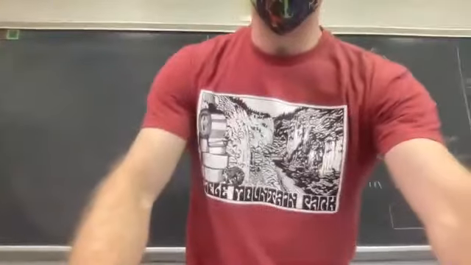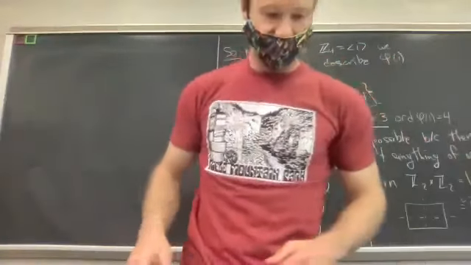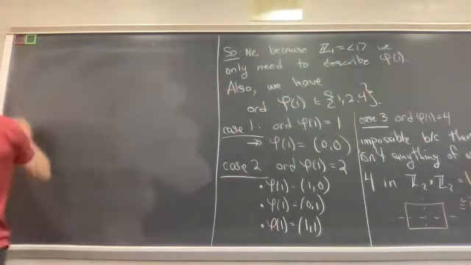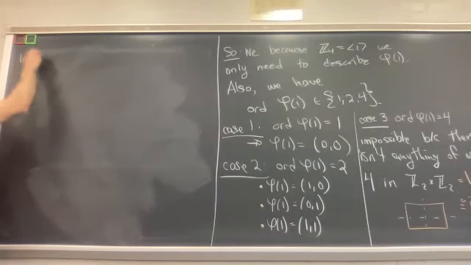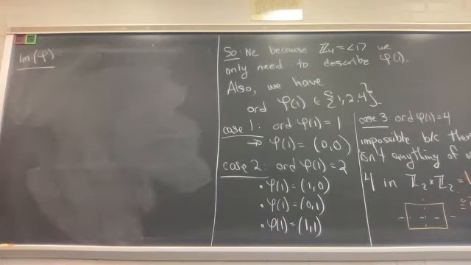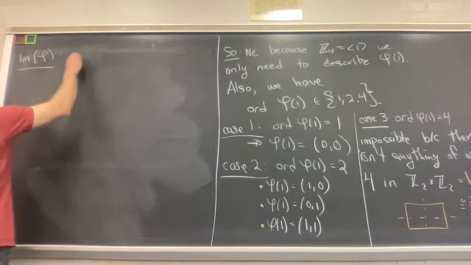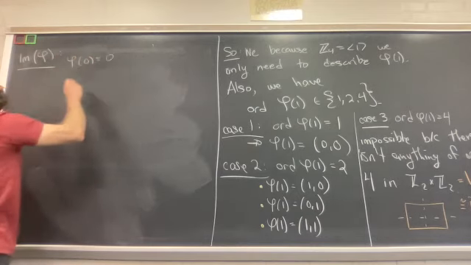Okay, so the next question is, what's the image of phi? Well, now that we've got phi of n is 3n, it's actually not too bad. We can just calculate phi of some numbers until we see a loop. So phi of 0 will be 3 times 0, which is 0.